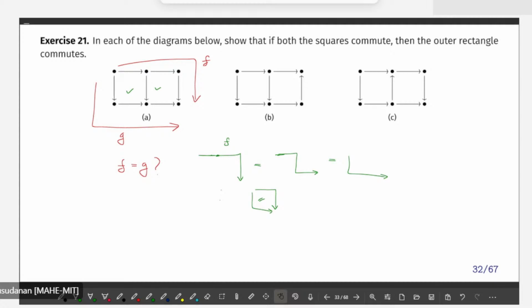so firstly, what you have to verify for this to commute, these two need to be equal. The directions are different. Those two need to be equal.